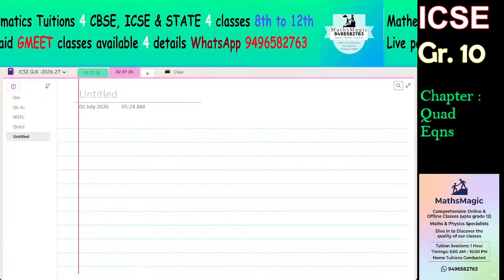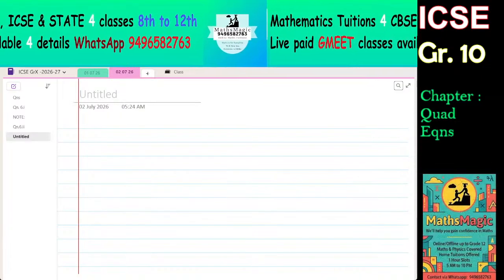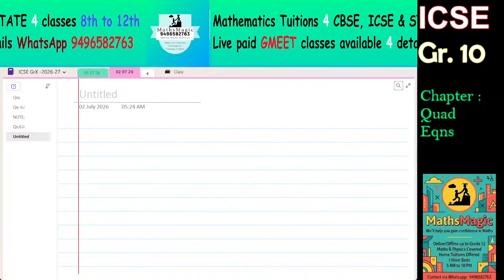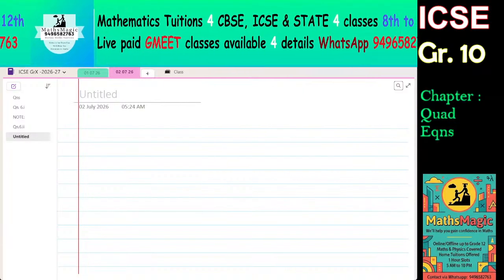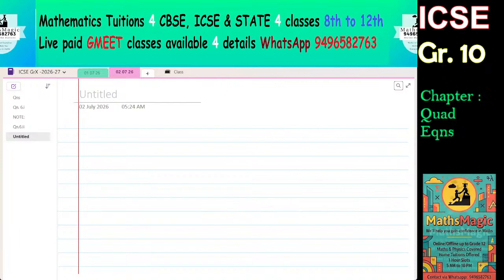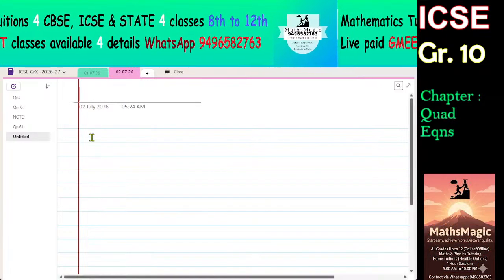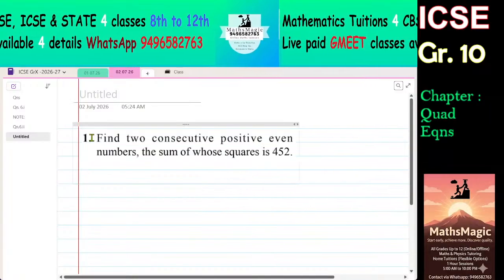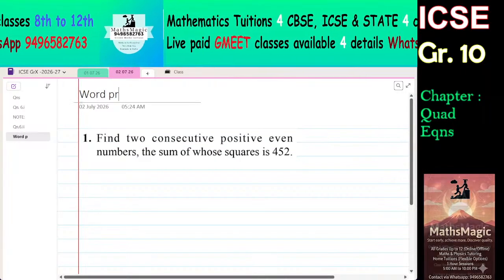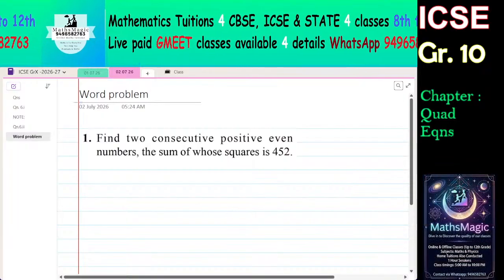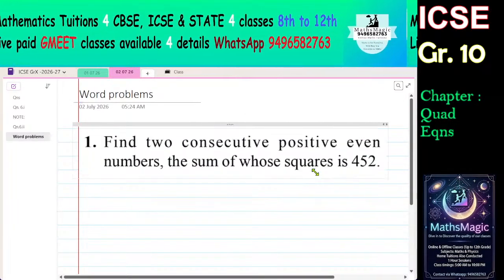So we need to read those word problems 2-3 times, understand what all things are given in the question. Then sometimes we feel like making an equation with two variables.